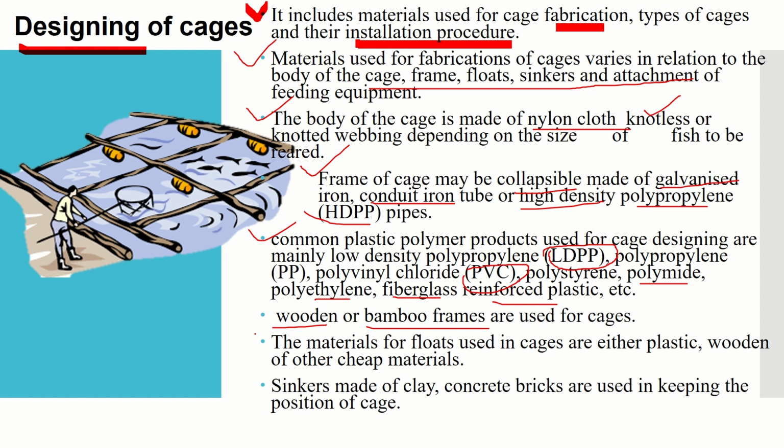The material for float used in cages is either plastic, wooden, or other cheap material. Sinkers made of clay or concrete bricks are used in keeping the position of cage.